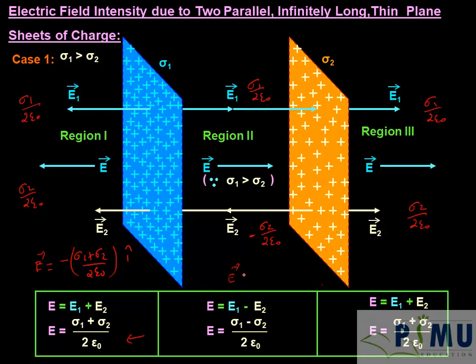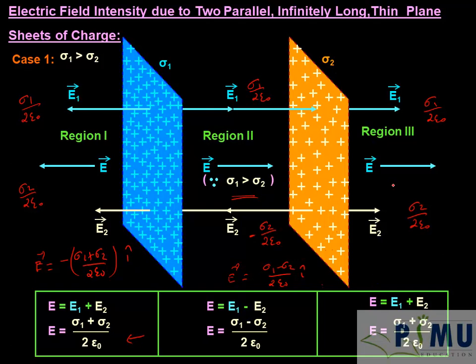E will be equal to sigma 1 minus sigma 2 by 2 epsilon naught I cap only, because we have taken sigma 1 greater than sigma 2. So sigma 1 minus sigma 2 will be positive. So the resultant field will be in this direction only, in the I direction only.